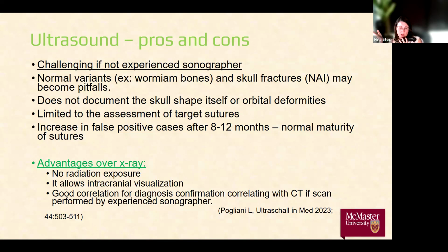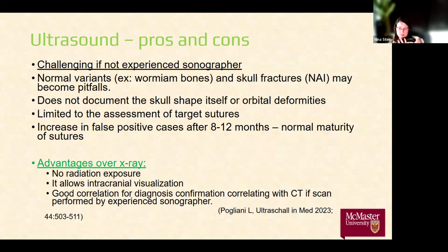You can include the metopic as well, depending on the age of the patient, since it closes so early. And if you need to image other sutures and also the skull base, you're obviously not going to be able to.